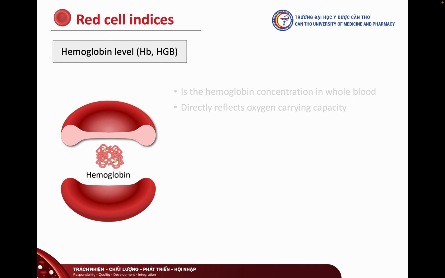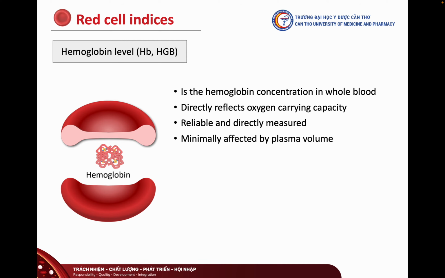The hemoglobin level represents the concentration of the hemoglobin in our whole blood. It is important because it directly reflects the oxygen carrying capacity of the blood. Unlike the hematocrit or the RBC, hemoglobin is directly measured, not calculated. So, it's considered highly reliable.